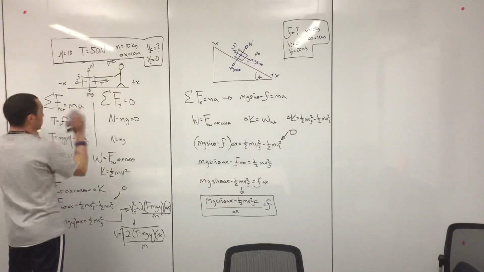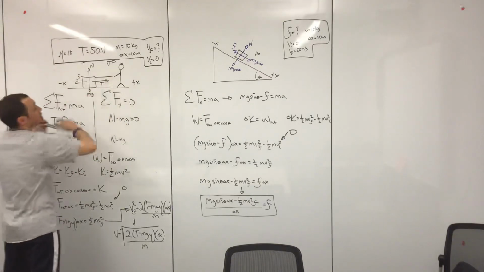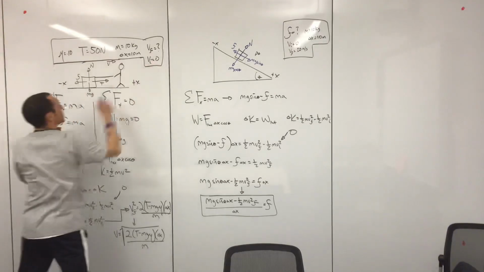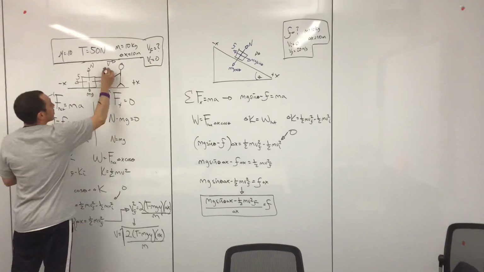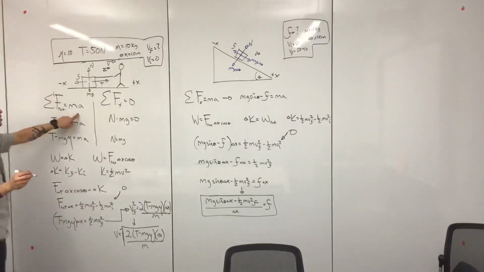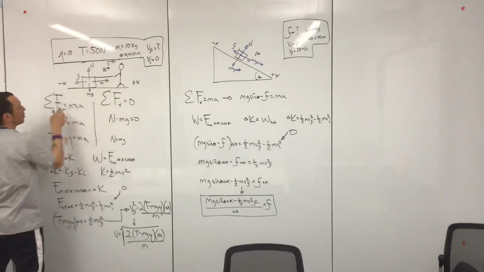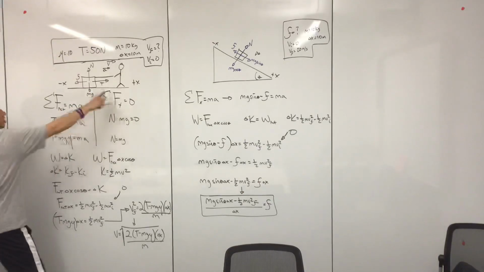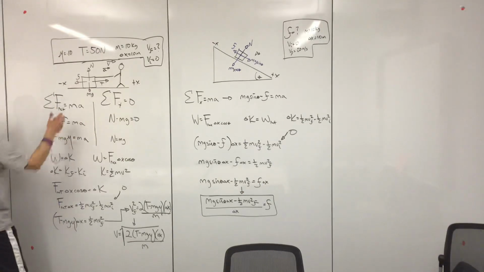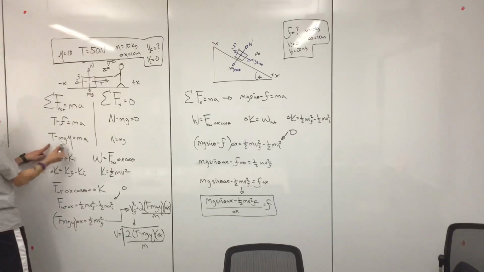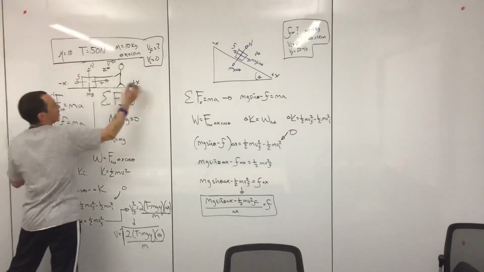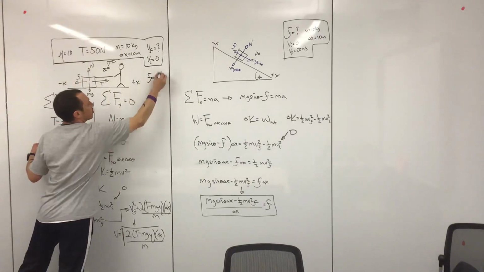We're pretty comfortable doing that now, I'm sure. And we want to write Newton's laws for each side. We know that we started at rest and we're going to be at some speed, so there's acceleration in this direction, so Newton's second law applies. Then we fill in the equation from our free body diagram. Tension's positive, friction's negative. We were given mu instead of friction, so we know friction is equal to mu times the normal force.